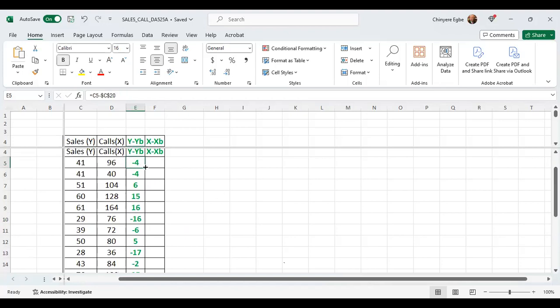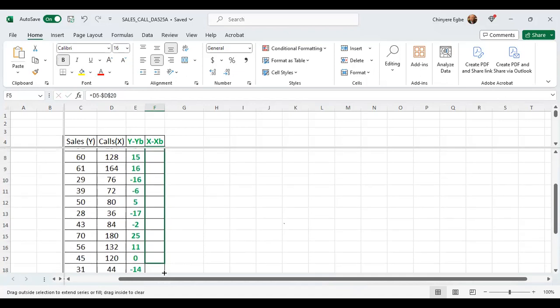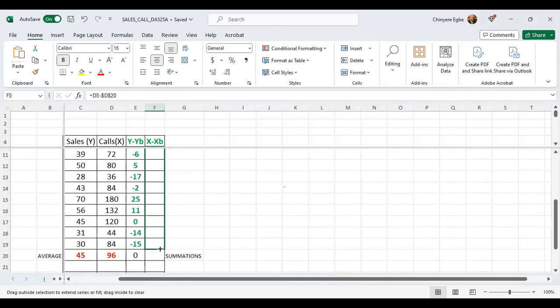You do the same there: equals D5 minus $D$20, and you drag it down. And you get a 0, and so you know that your calculations are correct.